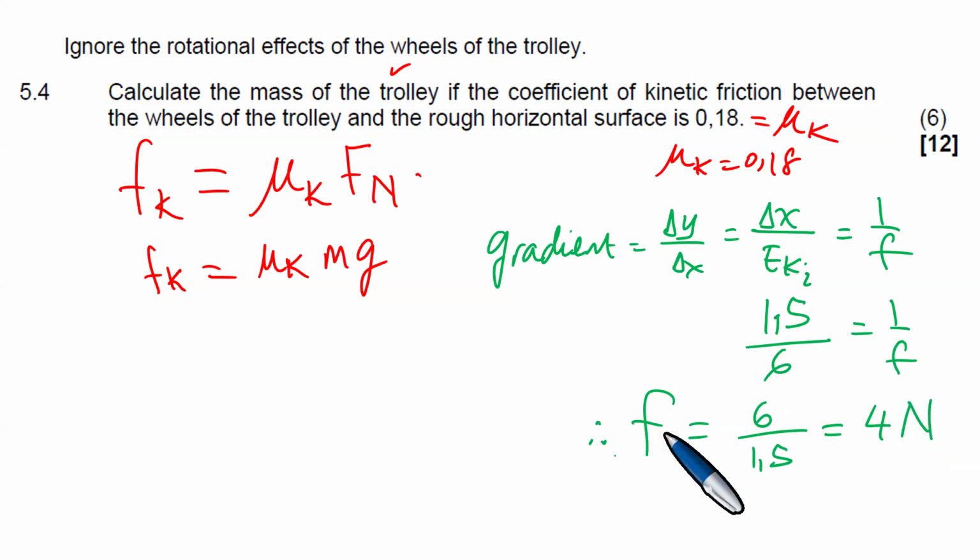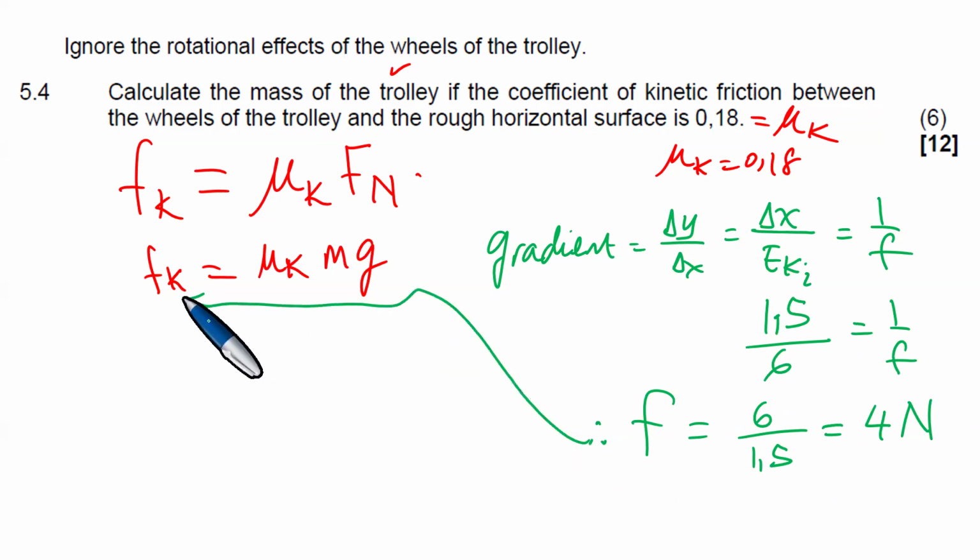Obviously this becomes the force of kinetic friction. Then you take the force of kinetic friction and bring it here, and this is going to be exactly 4. The mu k is 0.18 times the mass, which is what we want, times 9.8, the gravitational acceleration.